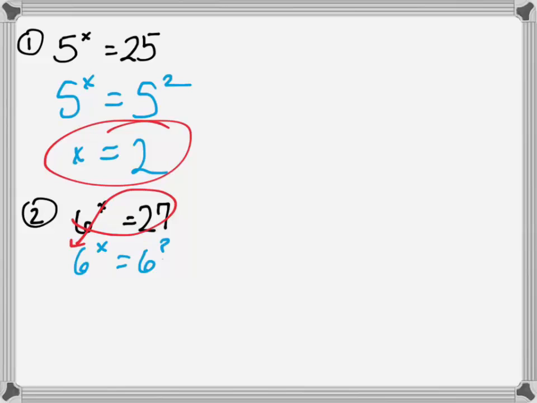So this will convert from 6 to the x equals 27 to log base 6 of 27 is equal to x. And so you can see how these relate. The exponent from the original problem shows up on the very far right-hand side.